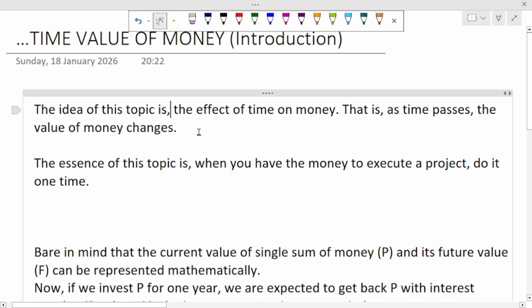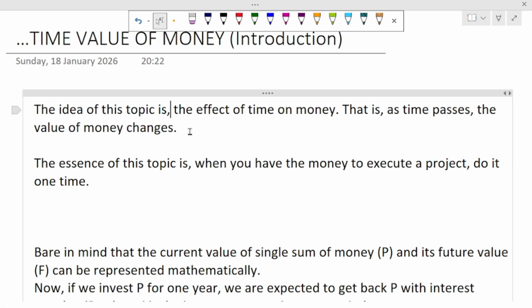What you used 1,000 naira to get 2 years ago, you will use maybe 2,000 naira or 1,000 something to get now. So the value of 1,000 naira years ago is higher than the value of 1,000 naira today. Time has effect on money.